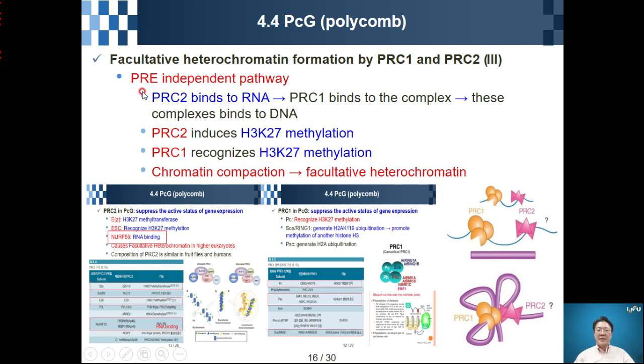The PRE dependent pathway occurs only in regions which have the PRE sequence, but the PRE independent pathway can occur everywhere. PRC2 first binds to the RNA, and after that it recruits PRC1.